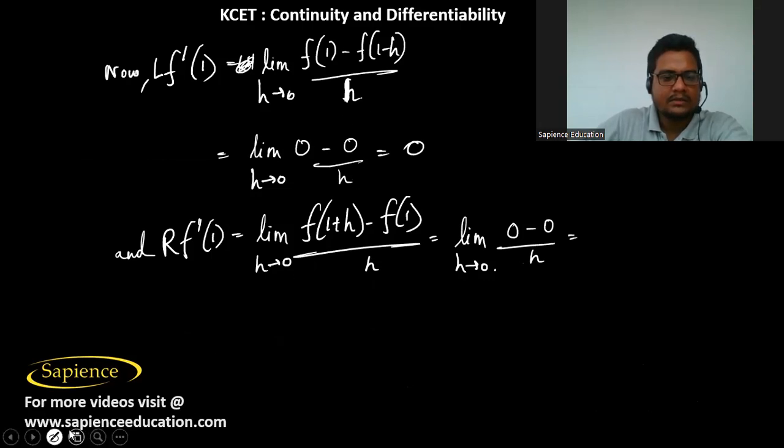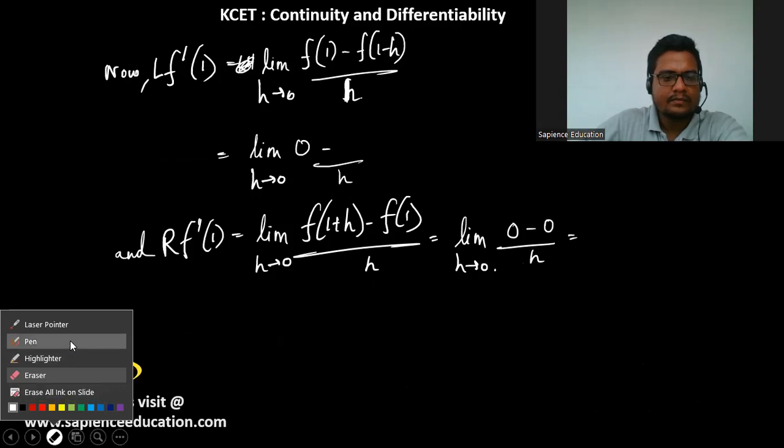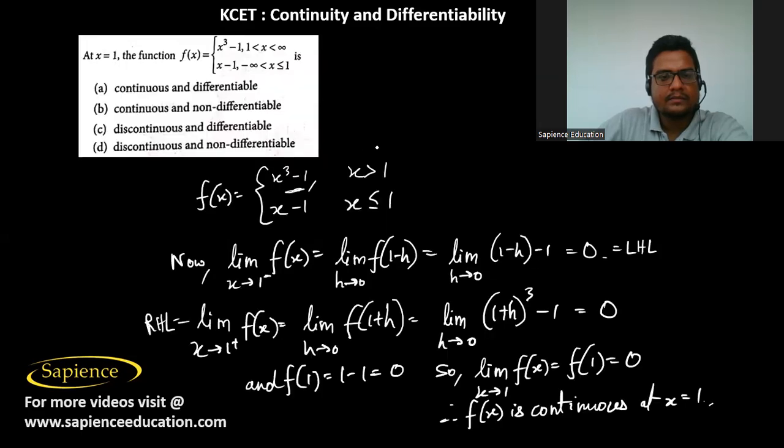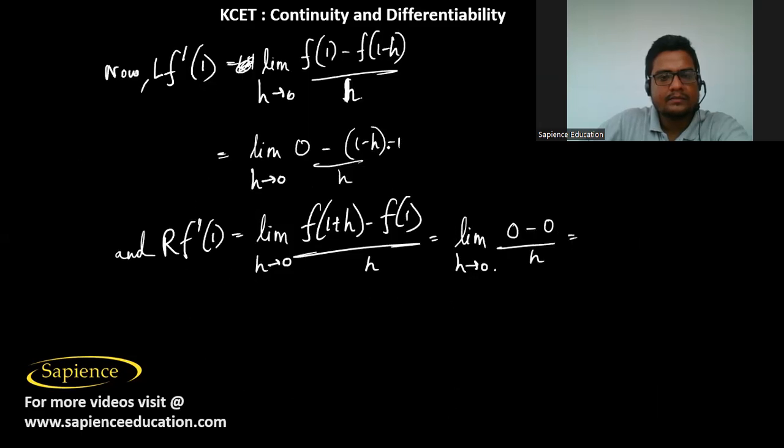And actually for Lf dash 1, f of 1 minus h is 1 minus h minus 1. So this is minus h.